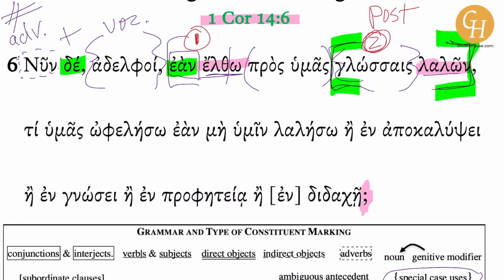So I see that question mark punctuation at the end, a semicolon, and then I see the ti. So those are indicators that we're having a question. So the ti means what? What do I benefit you? Now, how do we mark that? Well, that marking is actually a direct object. So ti receives a direct object. What do I benefit you?